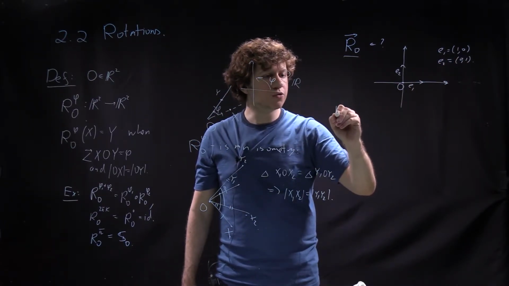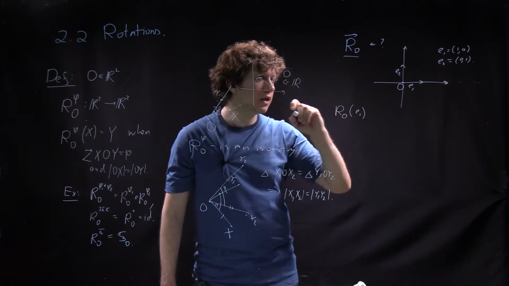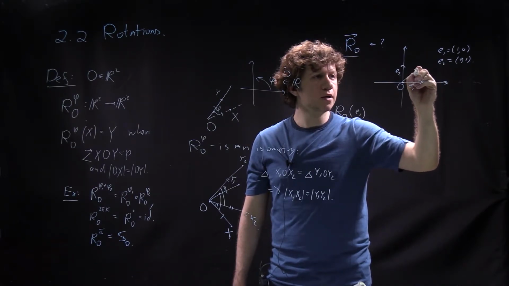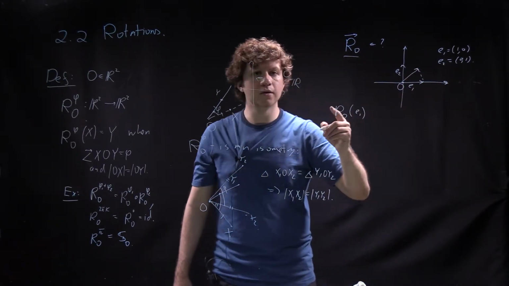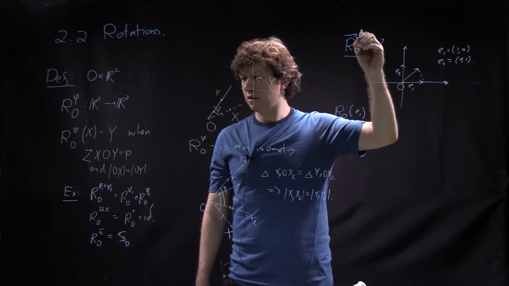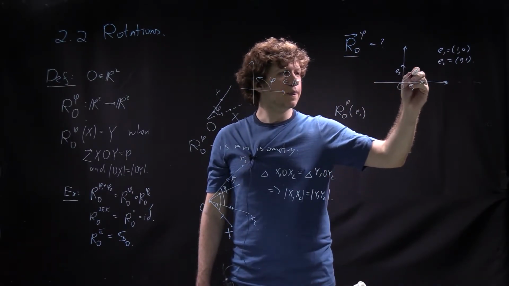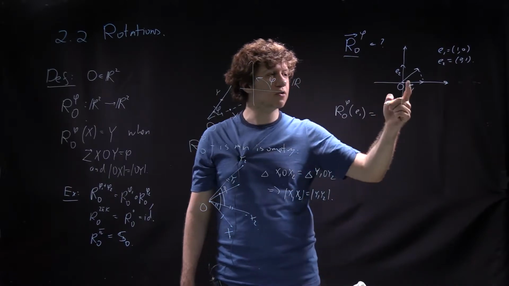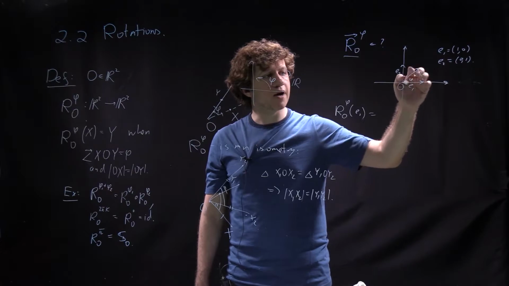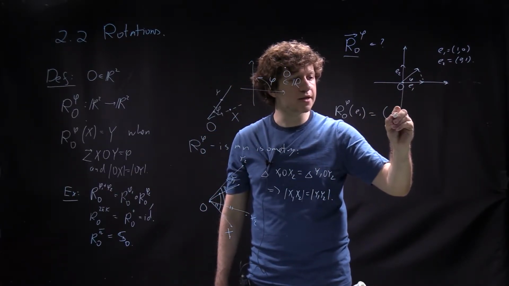I can compute it, that's not hard. For R_O of E1, I need to rotate my vector E1 by angle phi, and this is obvious because I need to compute the coordinates of a unit vector having angle phi with the x-axis, and that's exactly how we define cosine and sine in trigonometry.